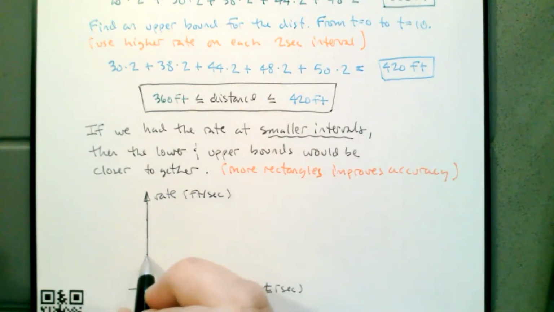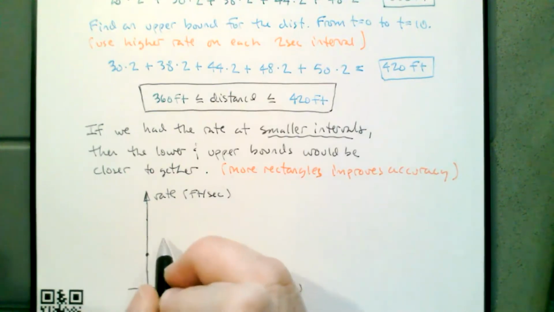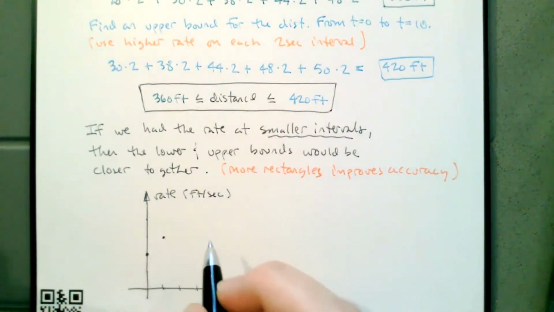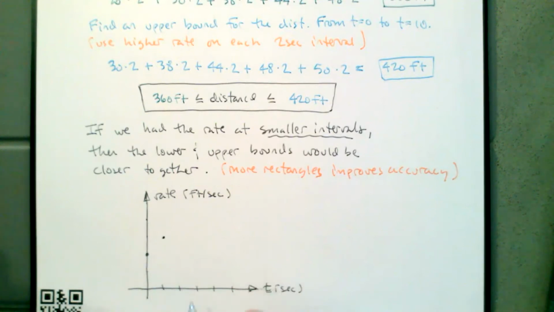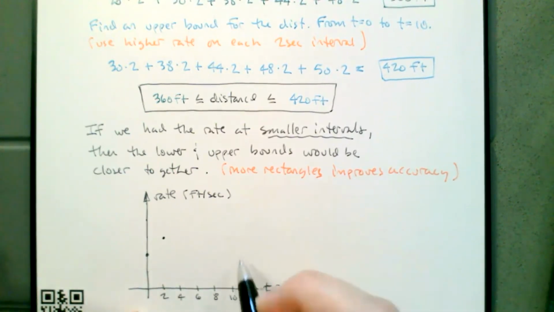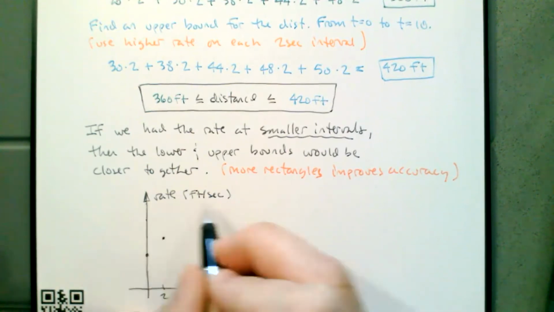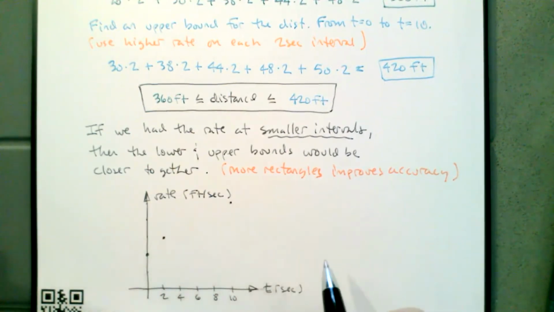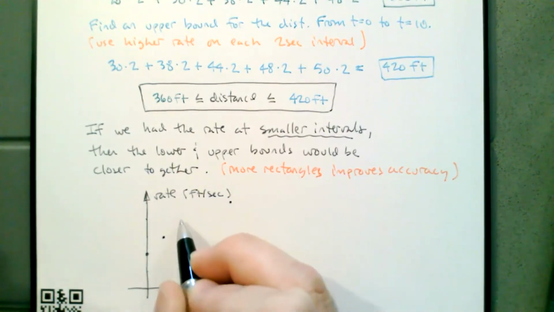At 0 seconds, we'll be at 20. At 2 seconds, we'll be at 30. At 10 seconds, we're going to be all the way up at 50. At 4 seconds, we're at 38. So not right there.